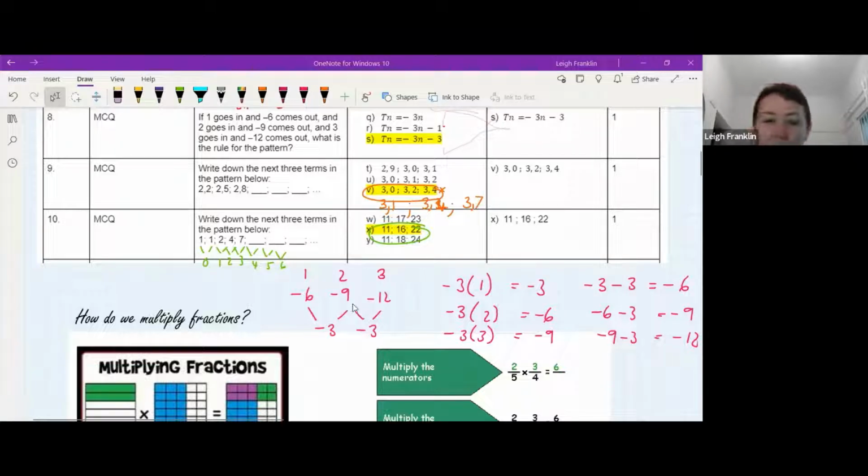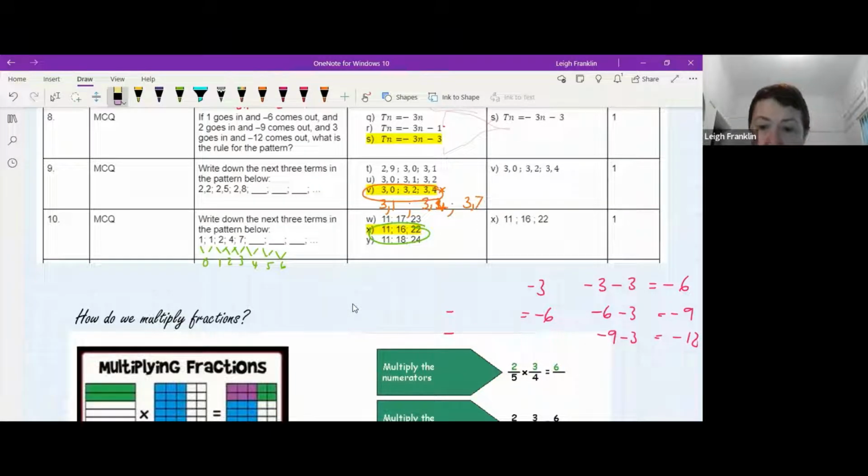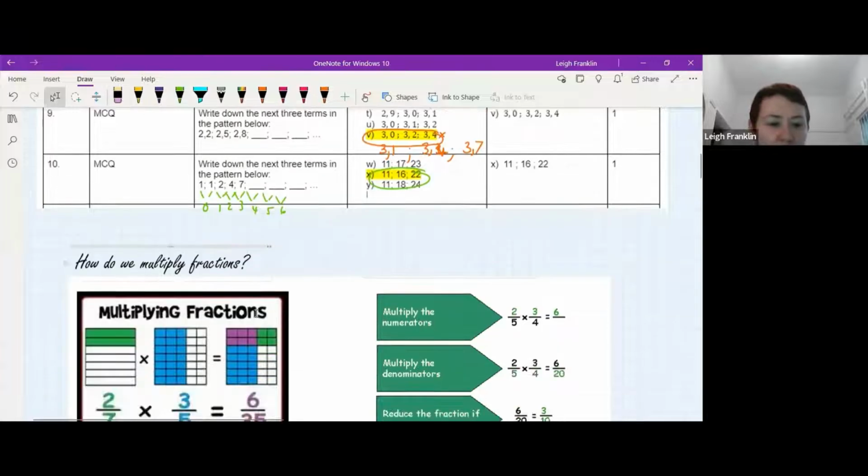All right, so what I wanted to focus on today is the easiest thing that you can do with fractions, which is to multiply them. As far as multiplying fractions is concerned, I found this diagram when I was preparing my lesson today, and I think that it explains it very well.